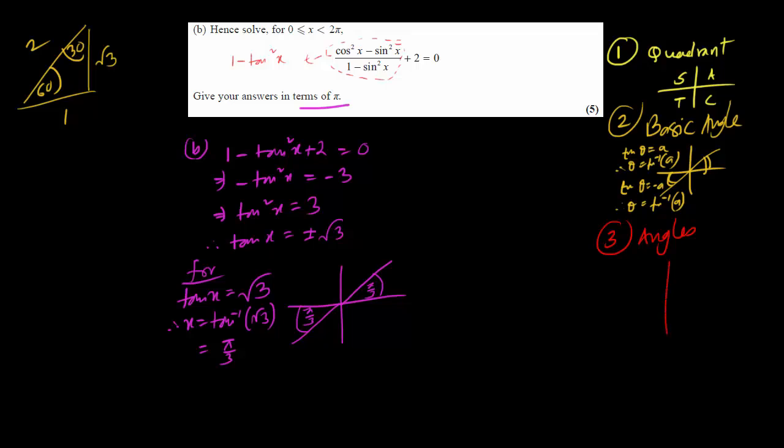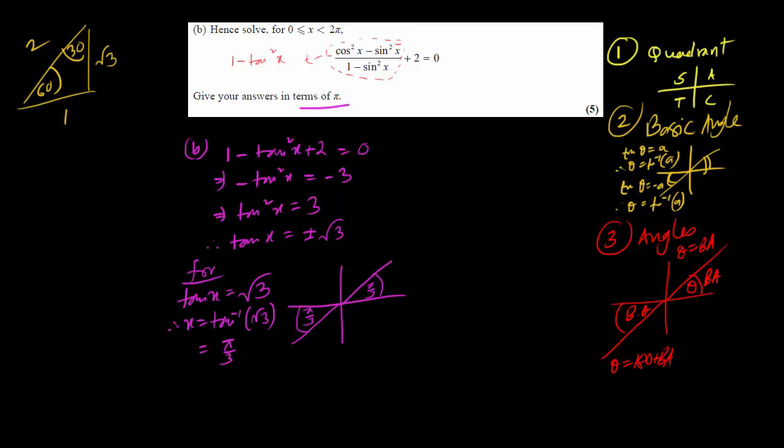To find the angle, this is the thing: if it's in the first quadrant and this is theta, then your angle theta would be equal to the basic angle. In the third quadrant, if this is the basic angle, then the angle theta would be 180 degrees plus the basic angle. That is the rule.